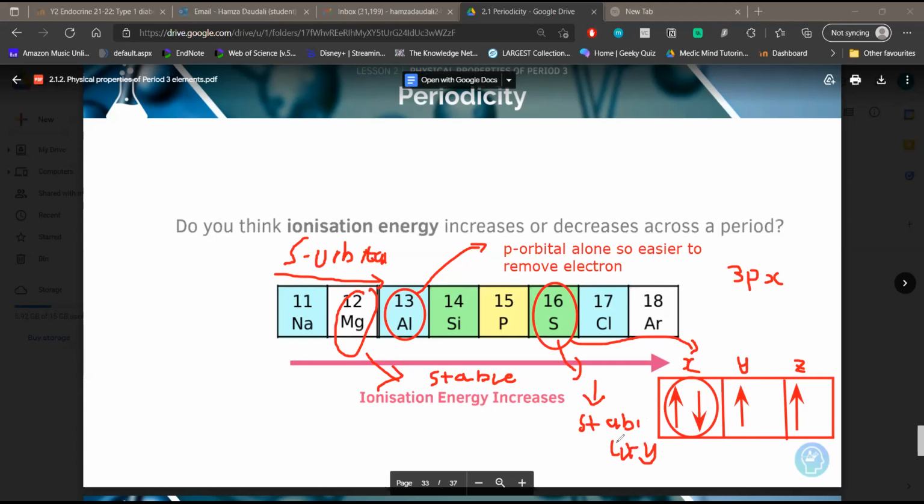If you think about it, it's easier to remove a student who doesn't want to be at school than to remove a student that does want to be at school. And this electron does not want to be in this orbital because of the repulsion. So it is going to be easier to remove than the unpaired electrons in the other orbitals. Does that make sense? Yeah, everyone okay?